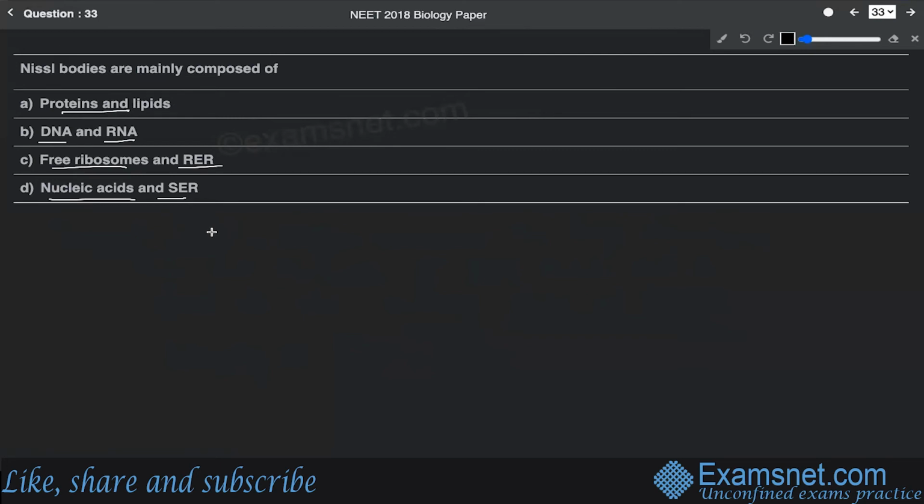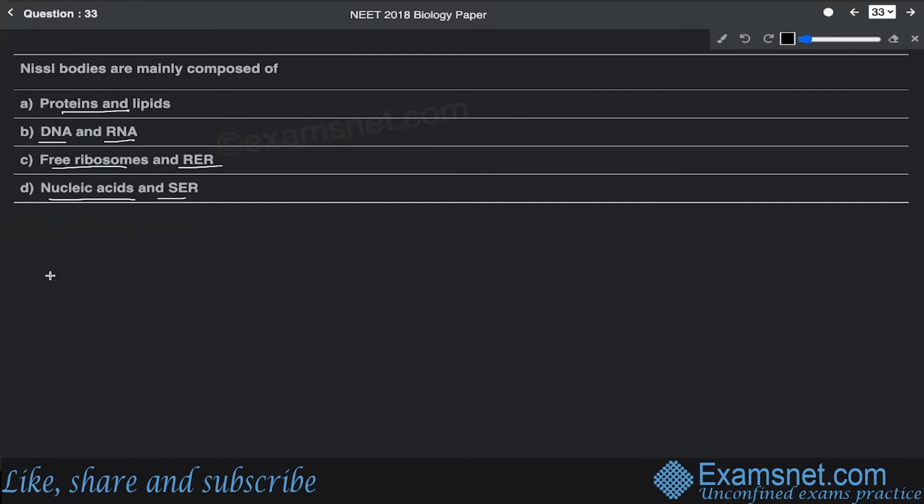Nissl bodies are those bodies which consist of Nissl granules, and these Nissl granules are found in the cyton, or you can say the cell body part of the neurons. For example, the neuron is divided into three distinct parts: dendrites, cyton, and axon. So this is usually found in the cyton part.